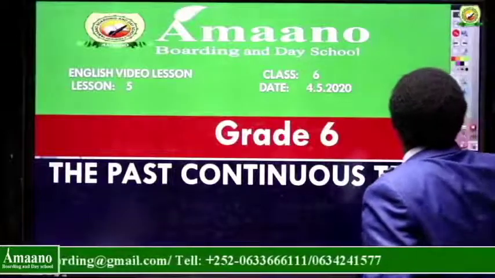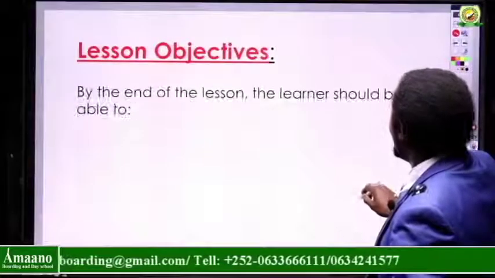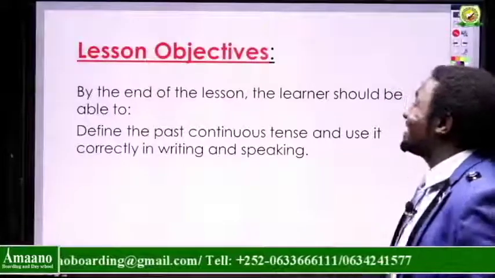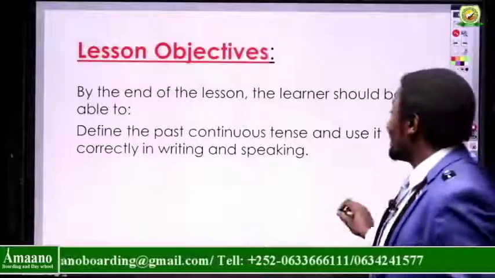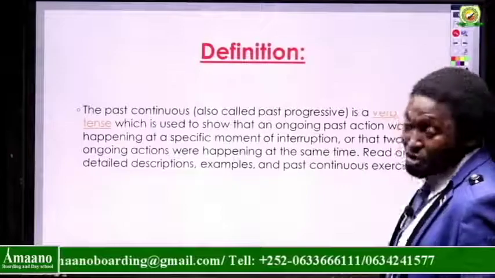Now, our objective for today. What do we need to learn today? The learner should be able to define the past continuous tense and use it correctly in writing and speaking. Definition.